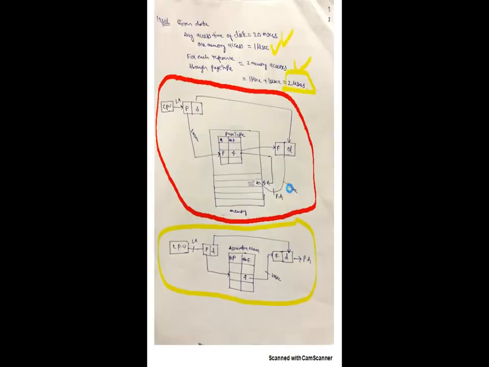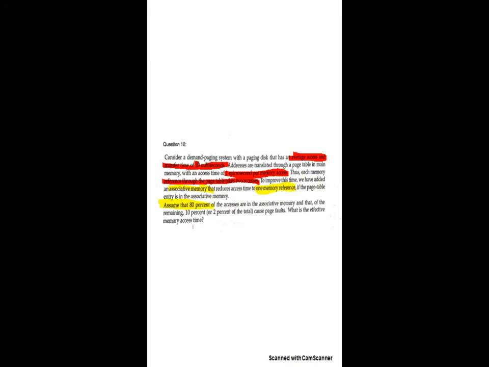It's given in the problem. Let me show you here. See, 20 milliseconds. He has given the average access and transfer time. Transfer means when there is a page fault, the page has to be transferred from secondary storage to the main memory. It takes 20 milliseconds.